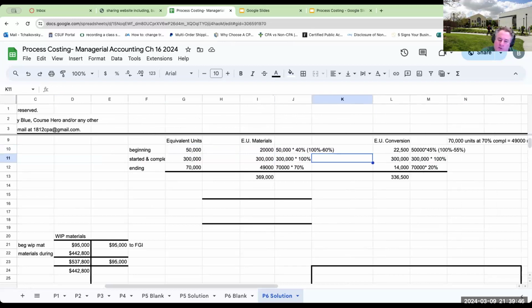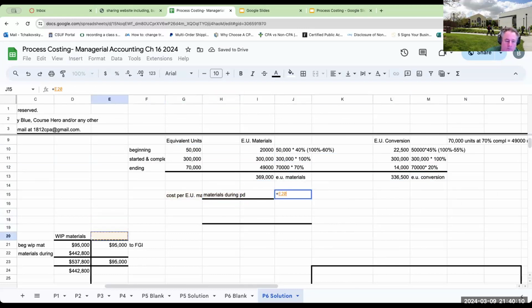Now for our cost per equivalent unit, right? Very important. This is basically going to be equivalent units materials, equivalent units conversion. So my cost per equivalent unit for materials is going to be materials during the period, or 442,800.